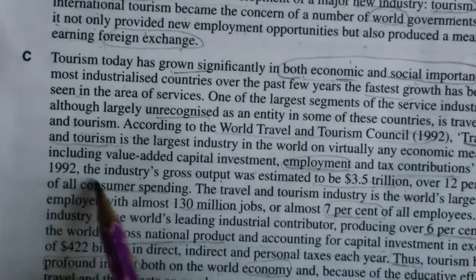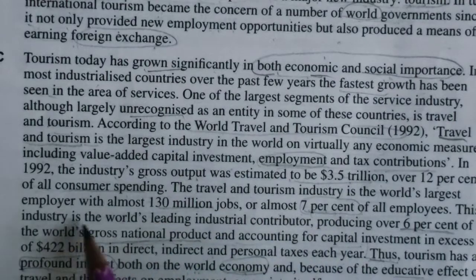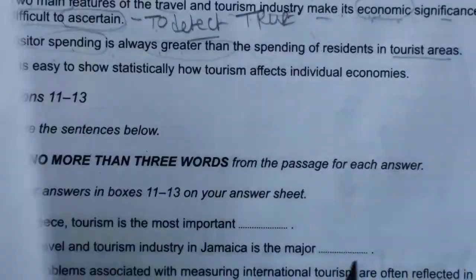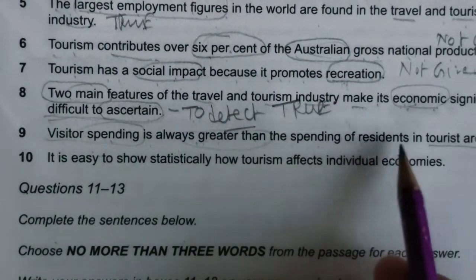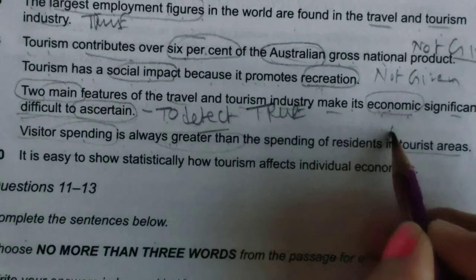In industry, estimate 12% of all consumer spending. The travel and tourism industry, world's largest, of all employees, customers. So I don't think they are talking about anything in this paragraph. Visitor spending is always greater than spending of residents in the tourist industry, so that is not given.